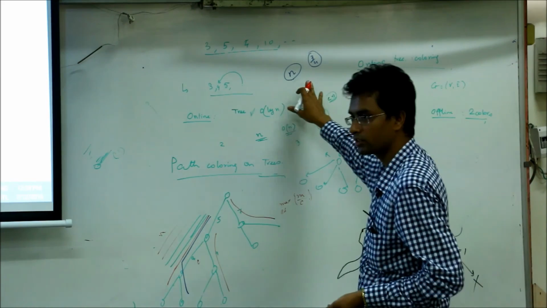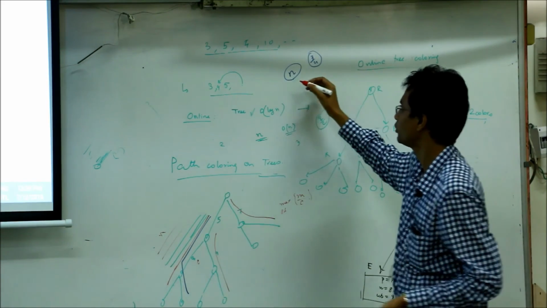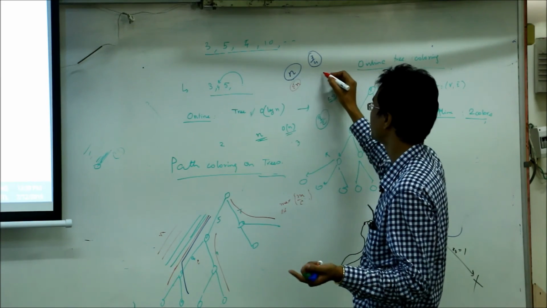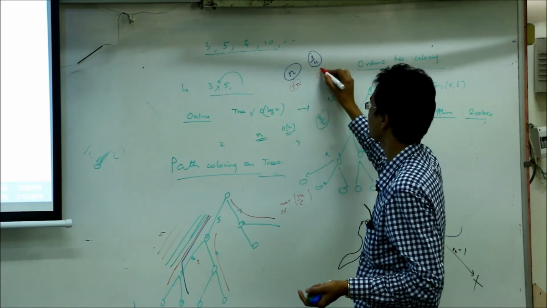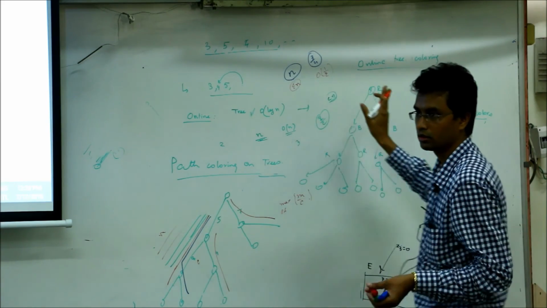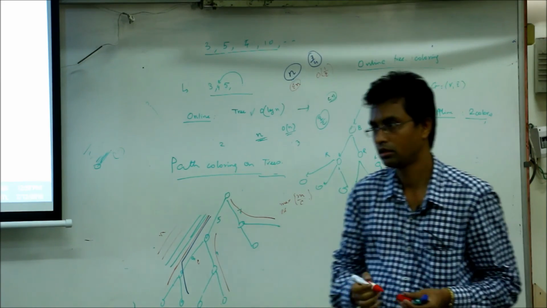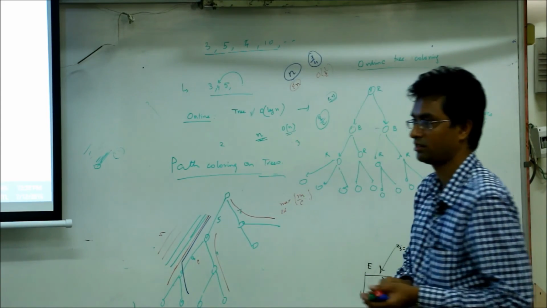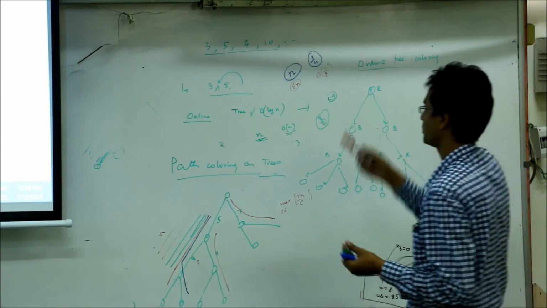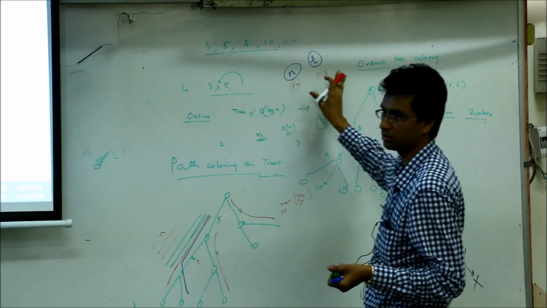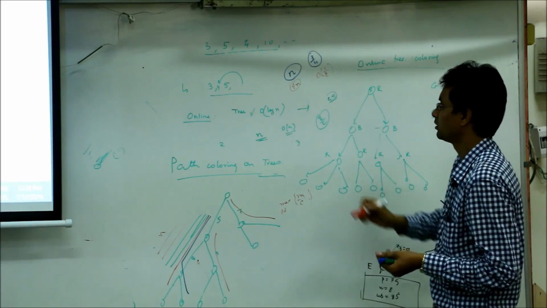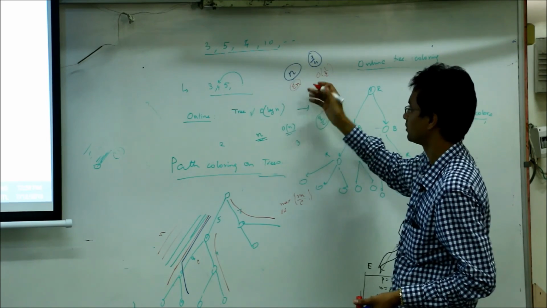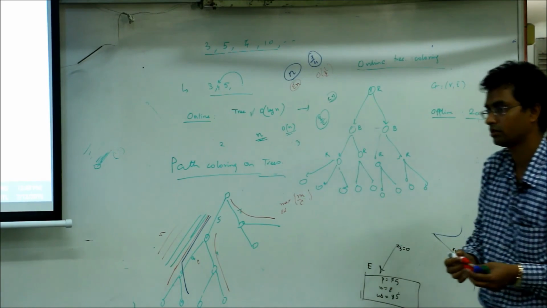So the idea is that if you are allowed to reject epsilon fraction of this, then you should get something of order 1 over epsilon competitive ratio. If you are not allowed to reject anything, then it's different, you should do that. So that's the kind of order you get here. The bigger the epsilon is, the lesser is the competitive ratio.